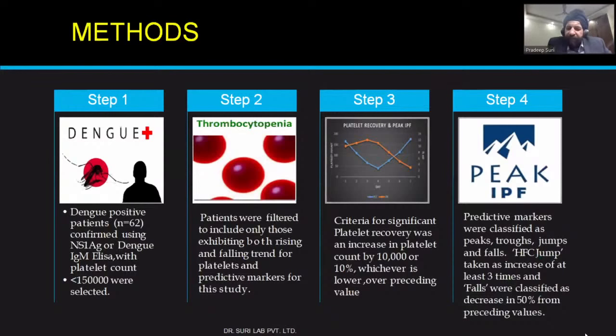The criteria for significant platelet recovery was an increase in platelet count by 10,000 or 10%, whichever is lower, over the preceding values. Predictive values were classified into peaks, troughs, and falls. The jumps were taken as at least 3 times jumps over the previous days, and falls were classified as a decrease of 50% from the preceding value.